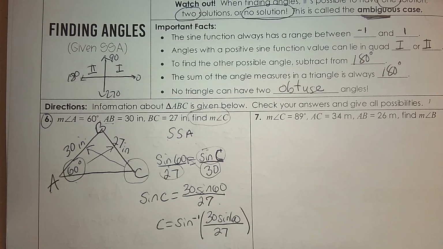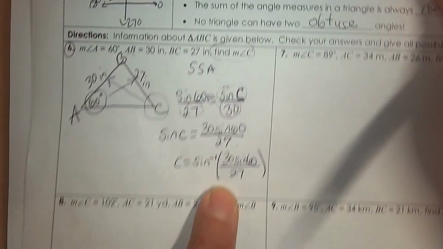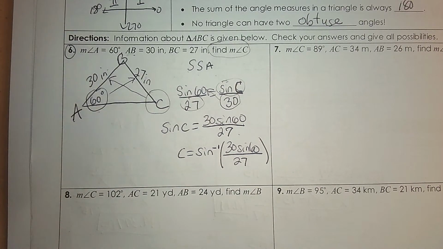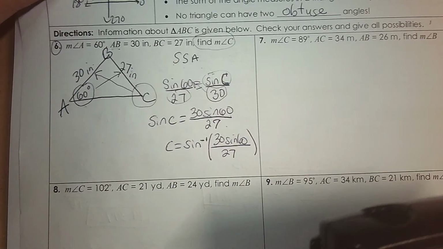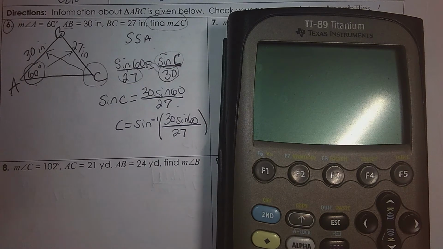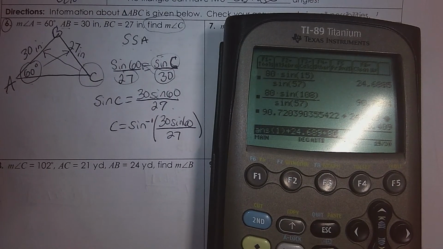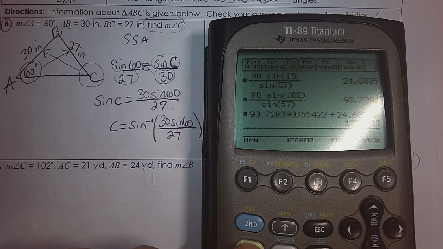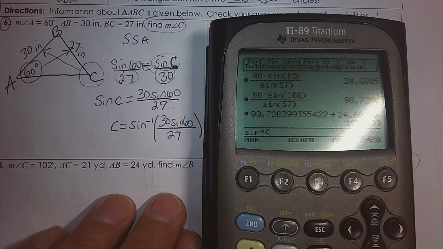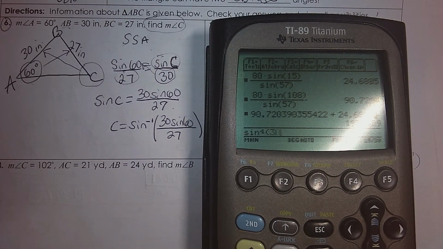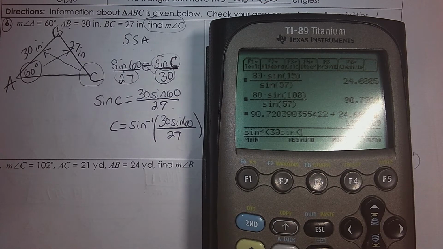So that's what we're going to type in our calculator right now. So we start with inverse. Do you remember that? You have to press the green button first. So the green button first, and then Y. So you have inverse sine. And then we're going to type in 30 sine 60.